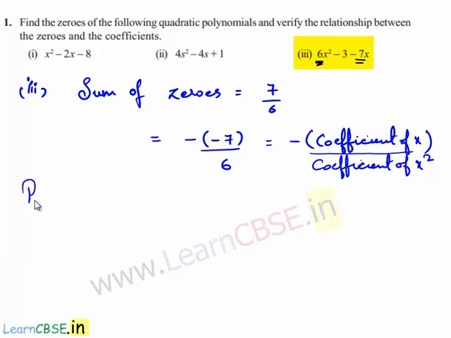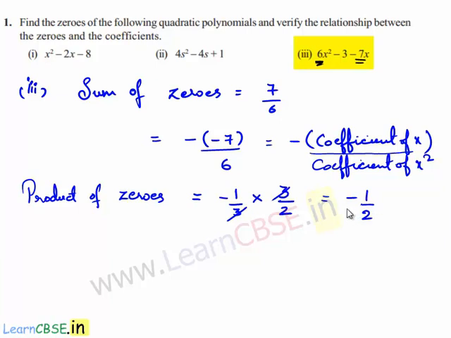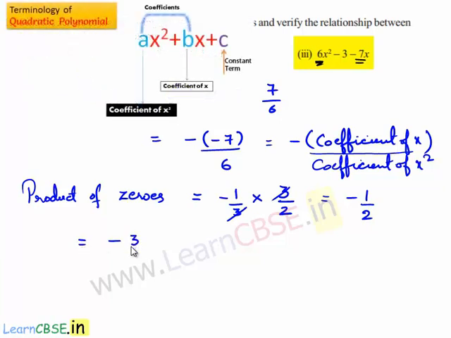Now, the product of zeros is equal to minus 1 by 3 multiplied by 3 by 2. So 3 and 3 can be cancelled and we'll be getting product of the zeros as minus 1 by 2. Now, minus 1 by 2 can be written as minus 3 divided by 6.